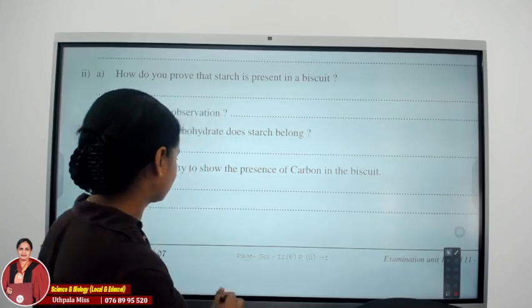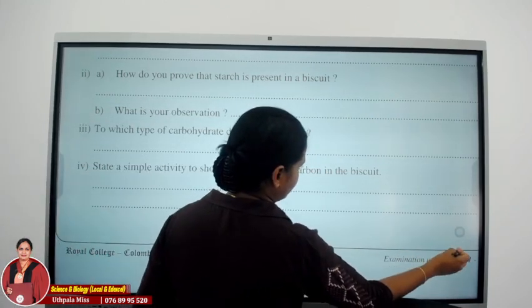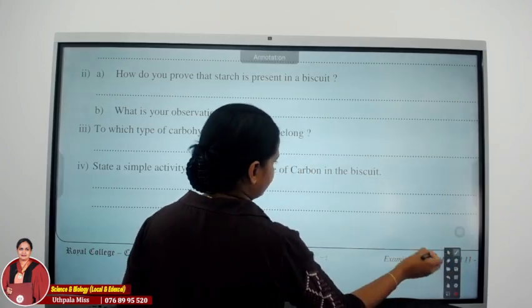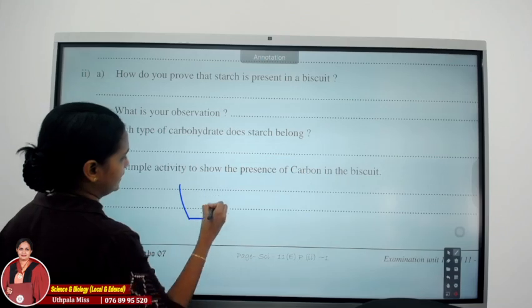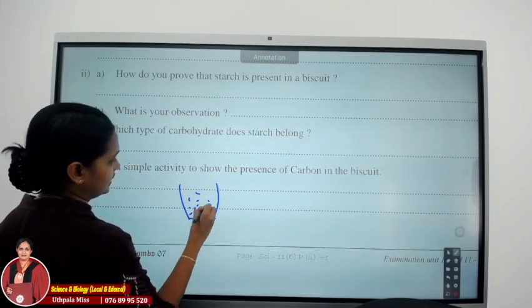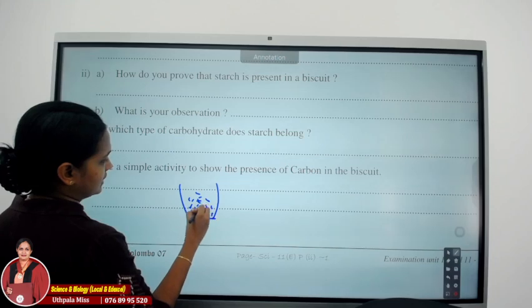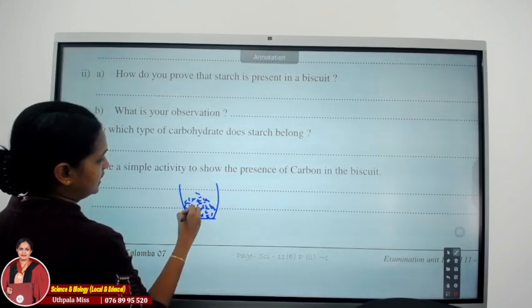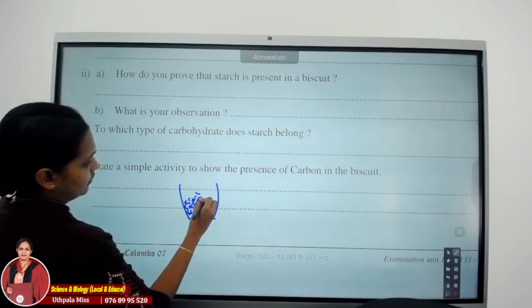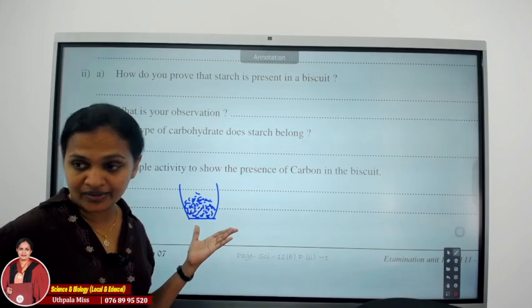Then put the powder into a crucible and heat it using a Bunsen burner. After heating it for some time, you will find a black residue.